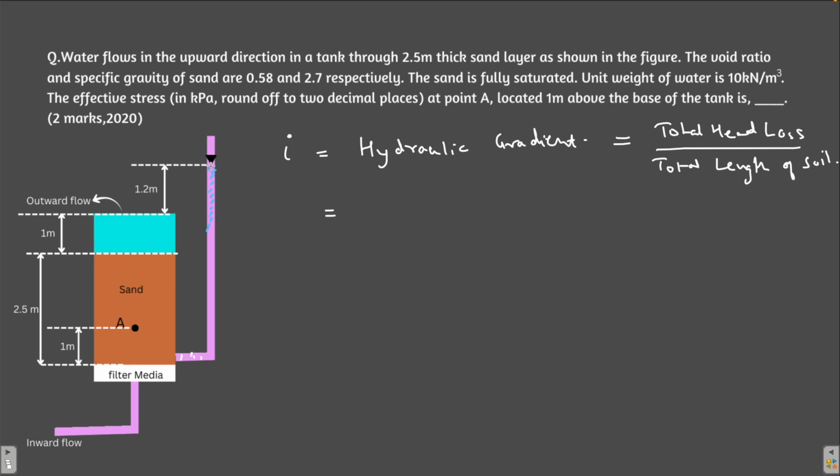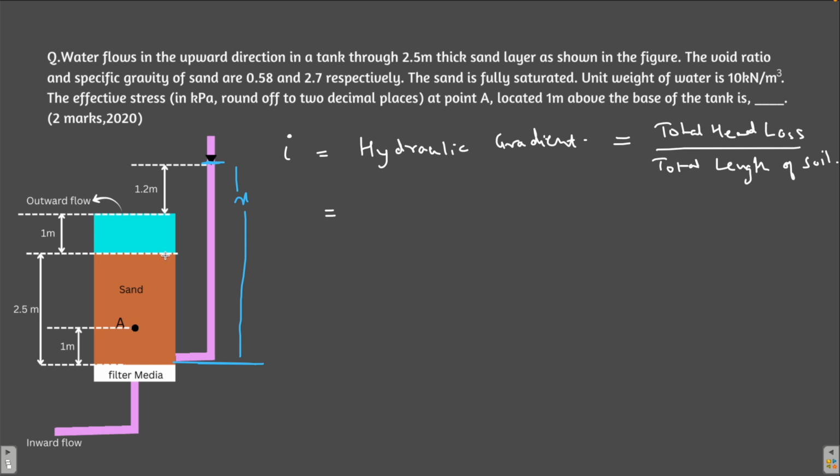Now here, the height of the water is up till here. The height of the water is not given from the base or from the datum. It is given from this point. This is the height of water and it is given as 1.2 meters. So the initial height of the water, let it be x, whatever it is, x is the initial height.